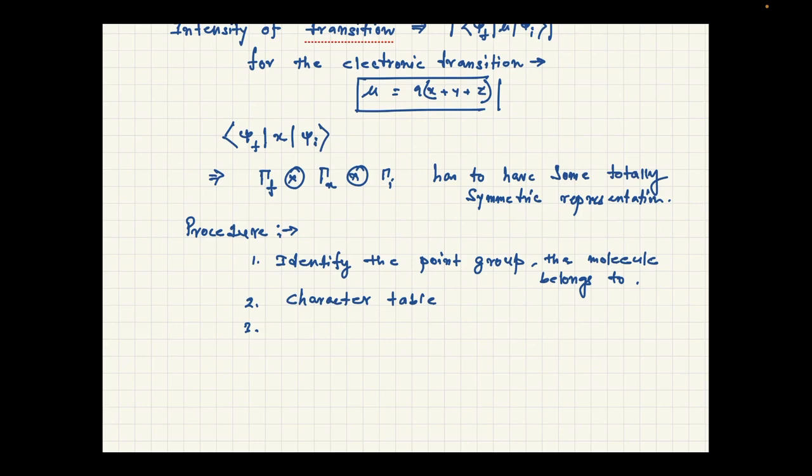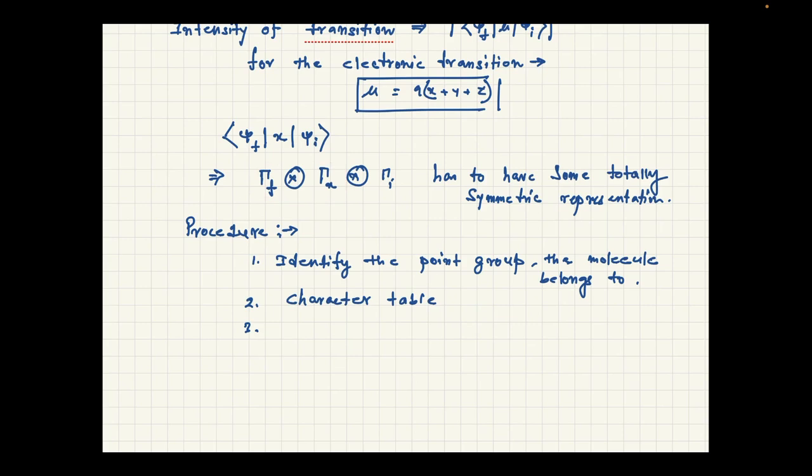Then you have to apply the group multiplication table, or use the characters corresponding to that irreducible representation, to solve this direct product. The direct product of two irreducible representations, basically gamma f times gamma x, will be just the multiplication of the characters of the two irreducible representations.